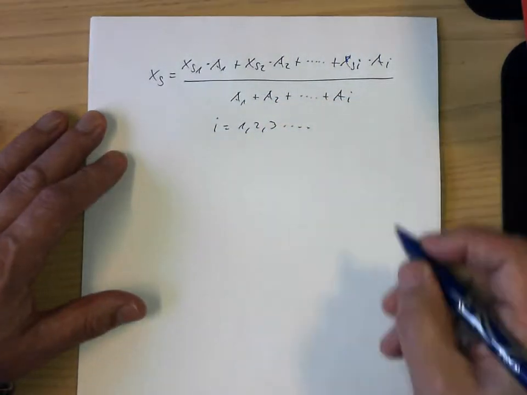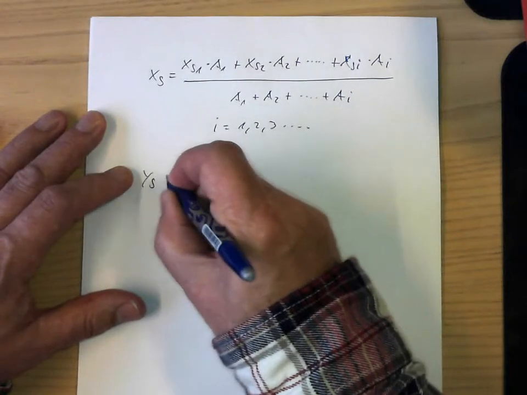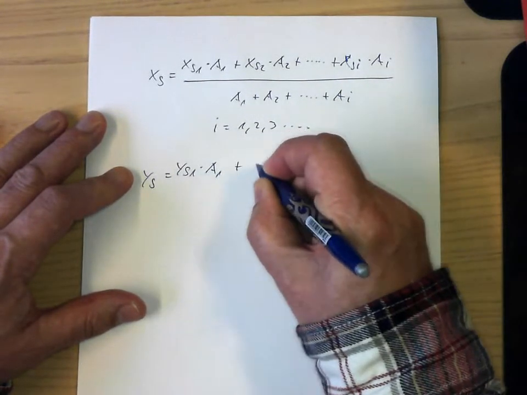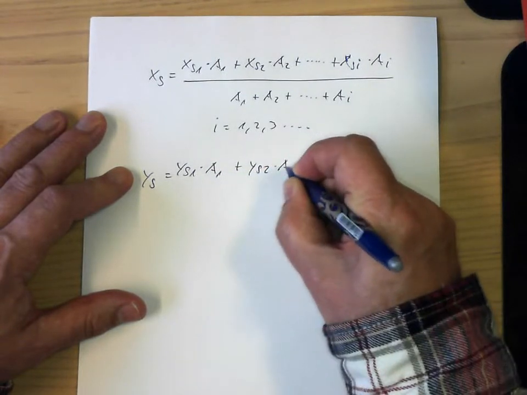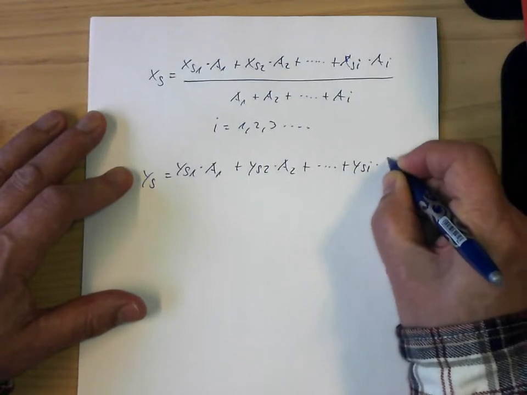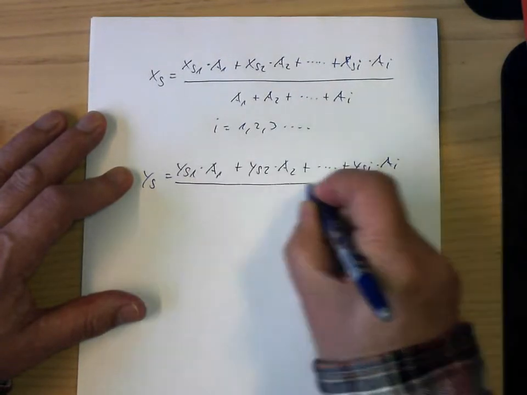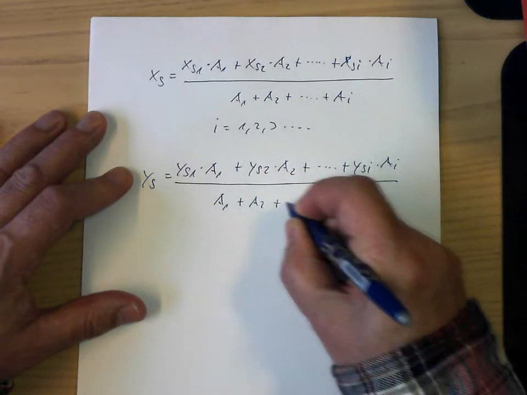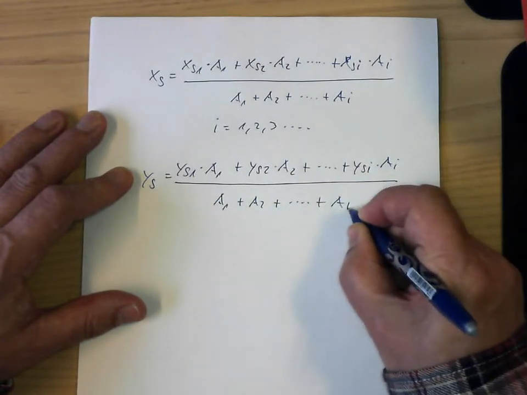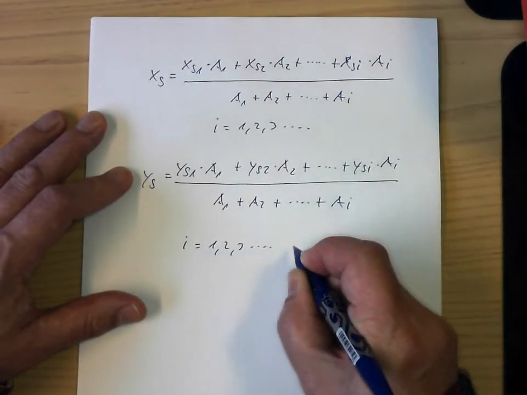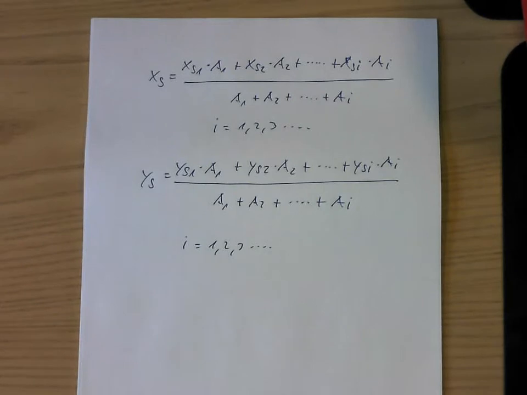And in the y direction, ys is ys1 times a1 plus ys2 times a2 plus and so on up to ysi times ai, divided by a1 plus a2 plus and so on up to ai, and again i is 1, 2, 3 and so on. And then we have a general description of the center of gravity of an area.